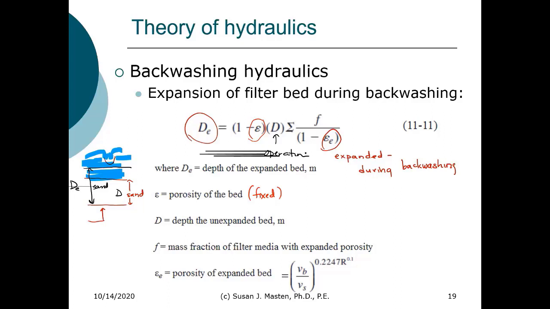And this F is the mass fraction of the filter media with an expanded porosity. And you'll see when we go through the example. And this is dependent on the backwashing velocity. It's dependent on the terminal settling velocity of your particles, so size and density, and Reynolds number.